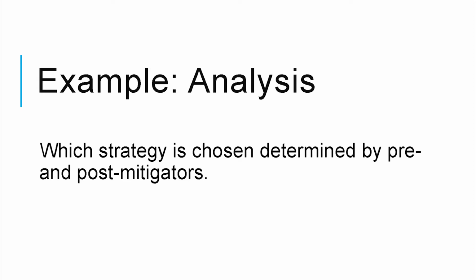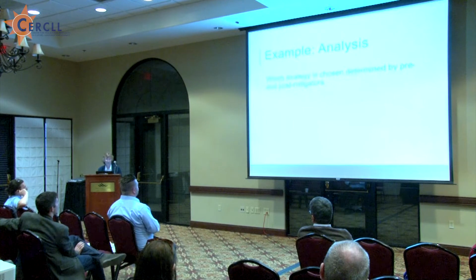In terms of analysis, they would need to understand that the strategy chosen, whichever kind of strategy they choose for completing this linguistic task, is going to be determined by pre and post mitigators. So how much you apologize depends on how great an offense it is that you've committed, and how do you carry out an appropriate apology in that situation.